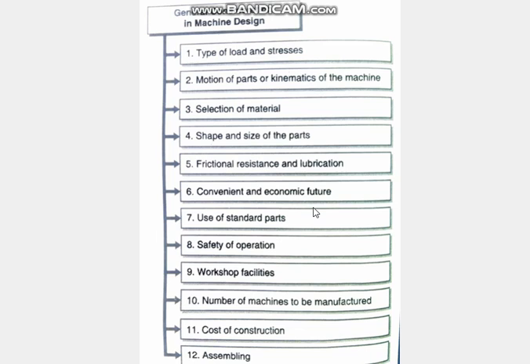All those things we have to consider. And then the economic operation of a machine. That means, when we are making a machine, how much money it will cost to produce it in mass production.